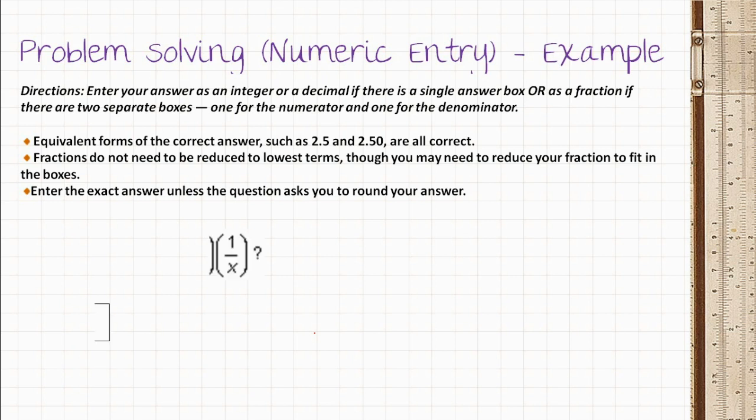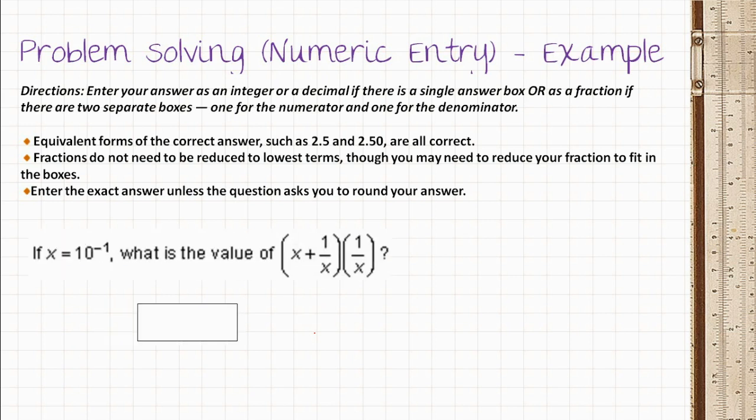So let's see the question. If x equals 10 raised to minus 1, what is the value of this particular expression? What we'll do to solve this is put 10 raised to minus 1 in place of x everywhere. 1 upon 10 raised to minus 1 into 1 upon 10 raised to minus 1. 10 raised to minus 1 is always 0.1.